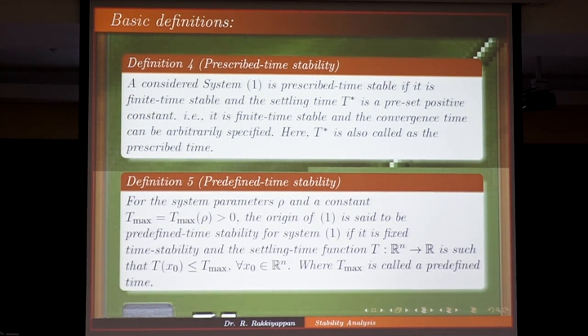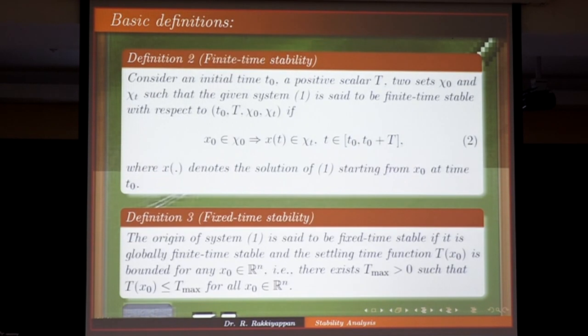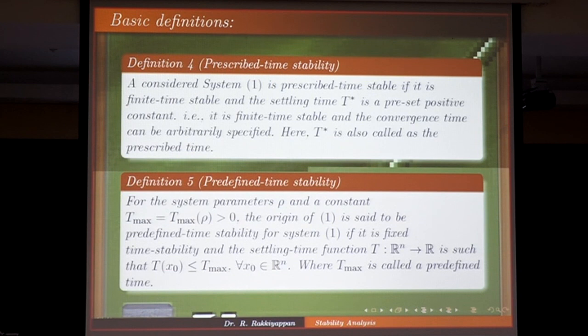In the previous case, for the definition of fixed time stability, we have to calculate the settling time, whereas in the case of prescribed time stability, we have to fix the T max value. That is, T star is a preset positive constant. If it is finite time stable and the convergence time can be arbitrarily specified, here T star is also called the prescribed time.